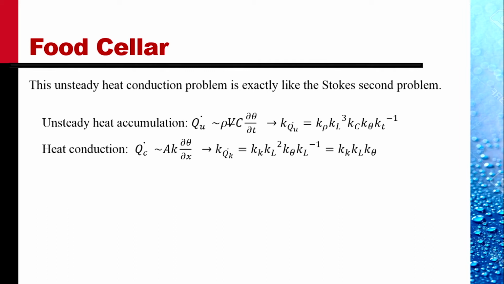Similarly, heat current through conduction is given as A times the heat flux, which by Fourier's law is K del theta by del x, so that the scale factor for conduction is Kk, the scale factor for thermal conductivity, times the area KL squared times the temperature gradient K theta divided by KL, minus 1.